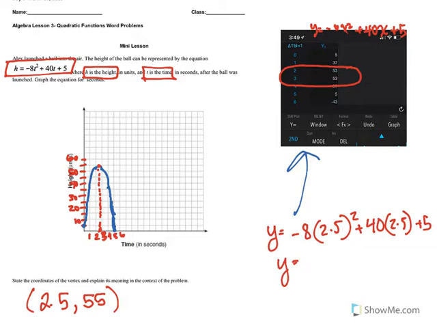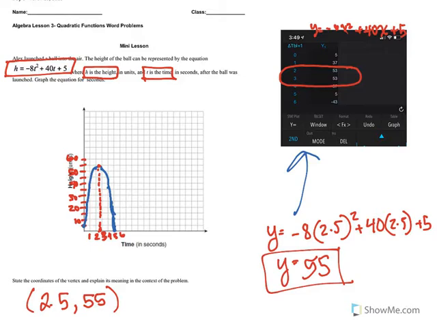Okay, I'm going to do it on my calculator just to make sure that we all get the same thing. So what I'm doing in my calculator right now is I'm just putting in on the regular calculator -8 times 2.5 squared plus 40 times 2.5 plus 5, and that gives me 55, just like we estimated. So your vertex is (2.5, 55).